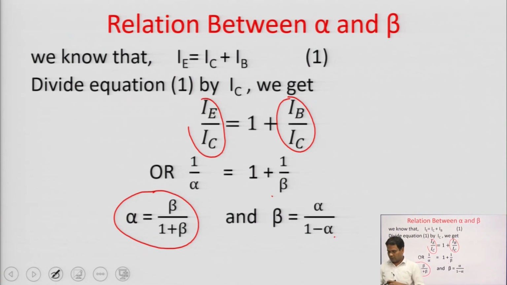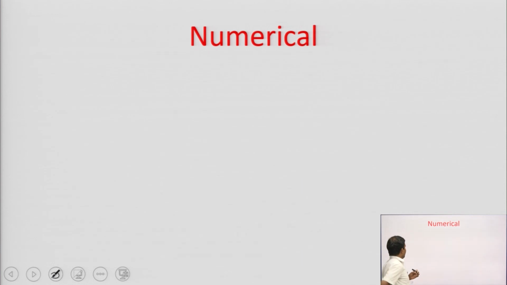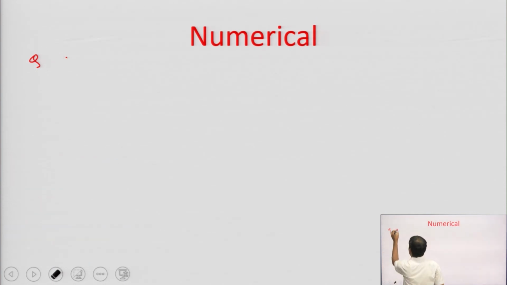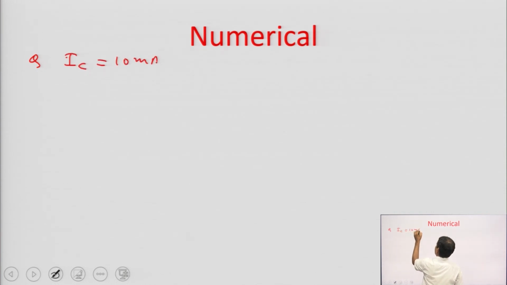Okay, guys. So, we need to remember the relation between alpha and beta. Suppose we apply this relation to solve a numerical. Suppose the question is: IC is given, IC is equal to 10 milliampere, and alpha is given as 0.98.